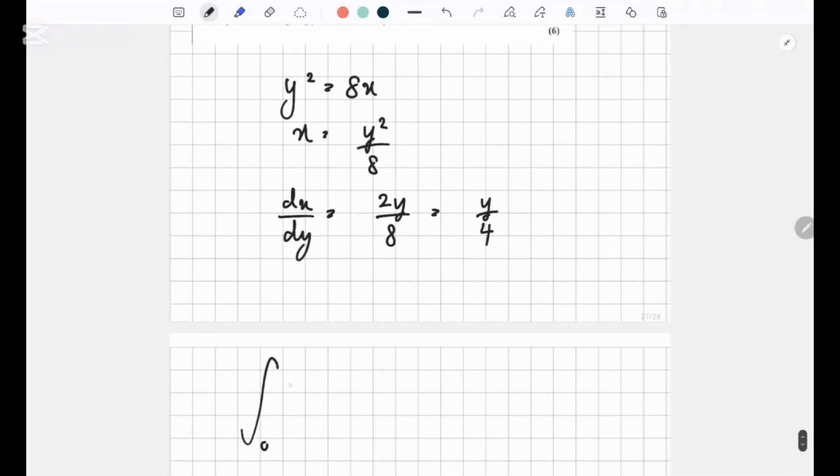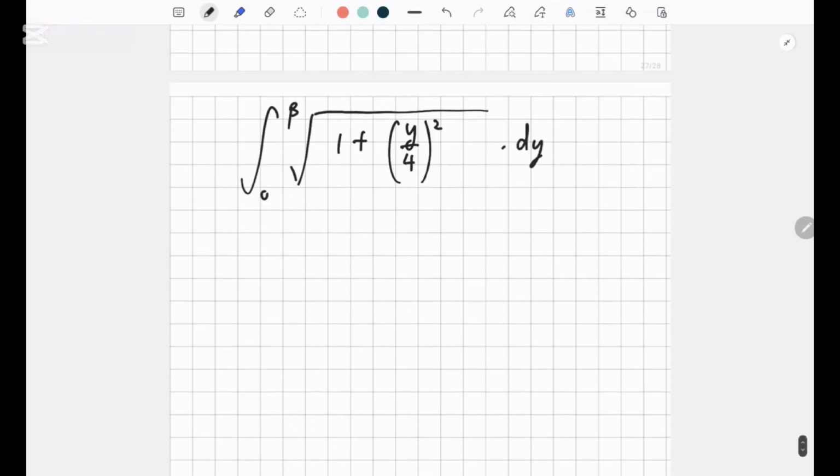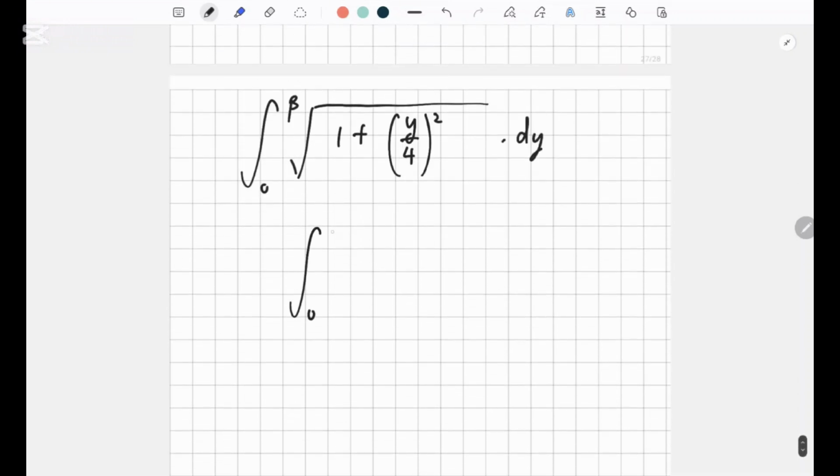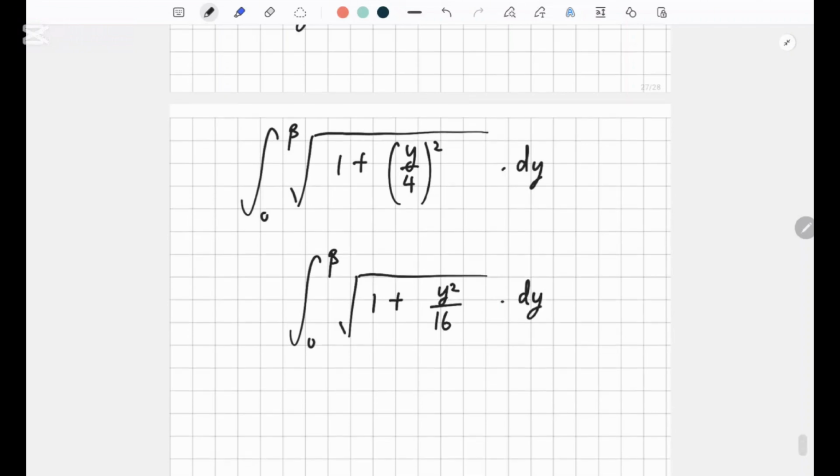So 0 to beta of the root of 1 plus dx over dy squared, so it's y over 4 squared, dy. This is from 0 to beta, the root of 1 plus y squared over 16, dy. That's your first part.